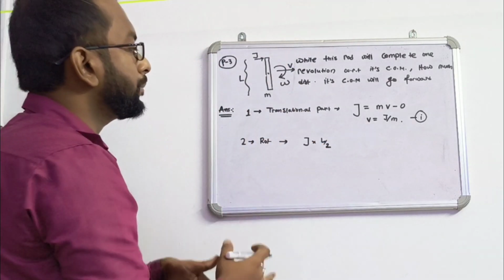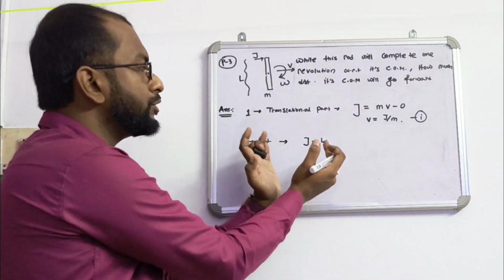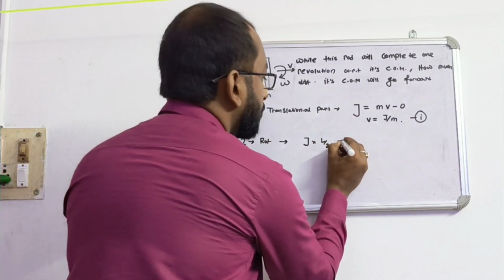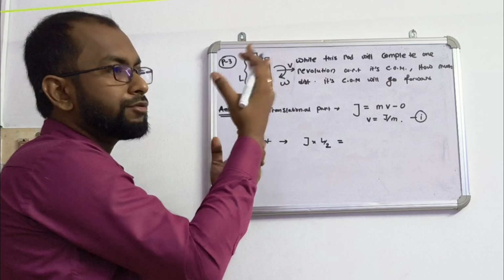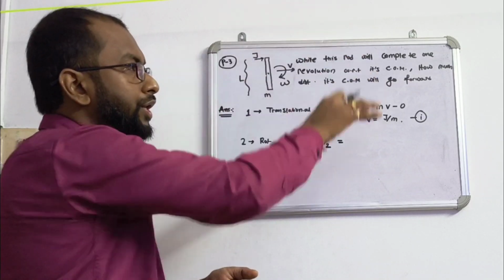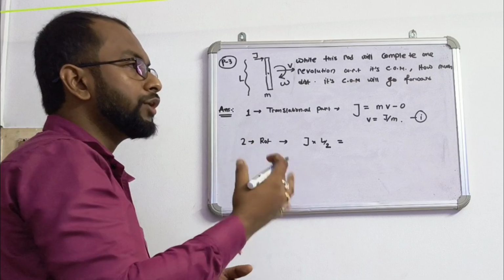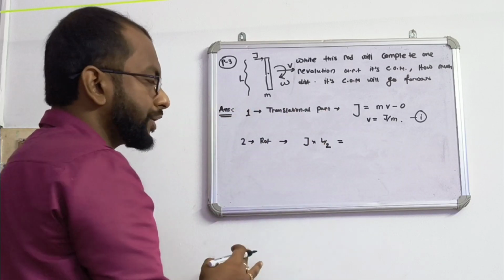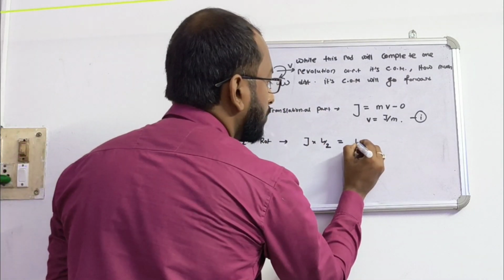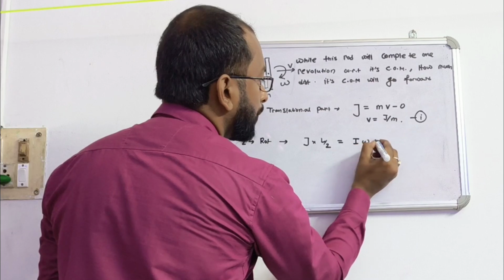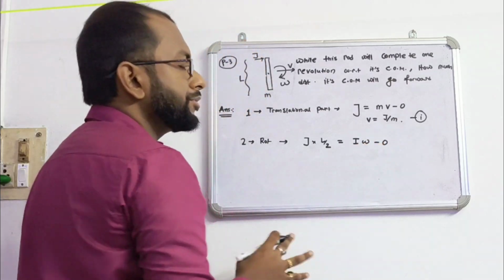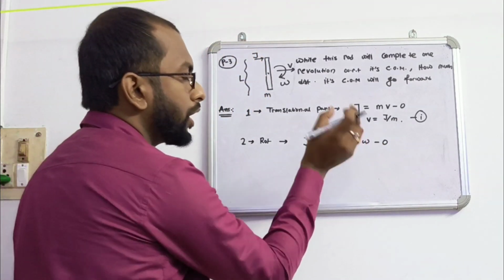That is the angular momentum given to the body. Initially the body was not rotating, so initial omega was 0 and initial angular momentum is 0. So change in angular momentum is equal to I into omega.